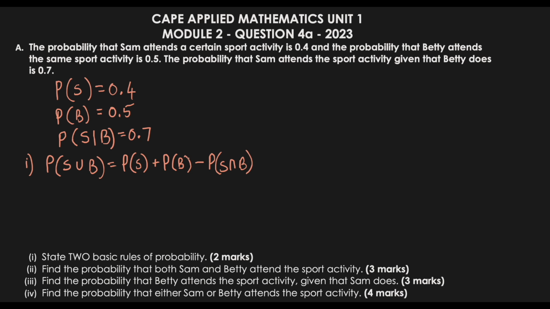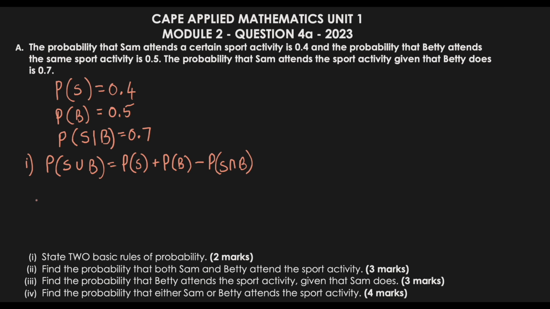We have to subtract this because it would have been counted twice: we counted the probability of when Sam went as well as when Betty went, so the intersection would be added twice. This is why we have to subtract it with this rule.